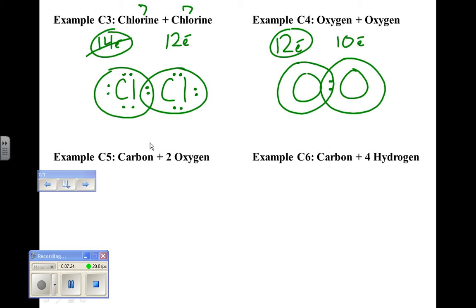This is called a double bond, where they're actually going to share 4.